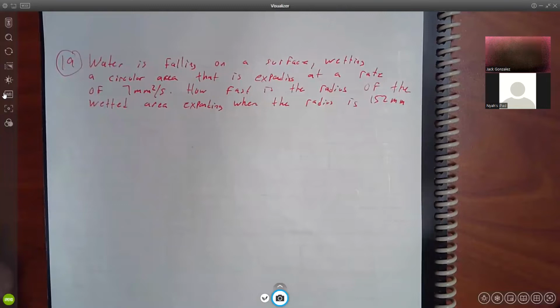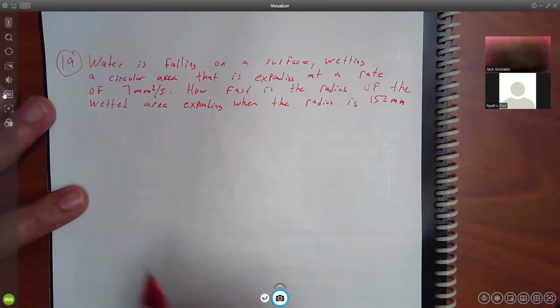You want to know how fast the radius of the area is expanding, so you want us to find dr/dt. We're given the point 152 millimeters. So at that point in time, when the radius hits 152 millimeters, what is the rate at that point?